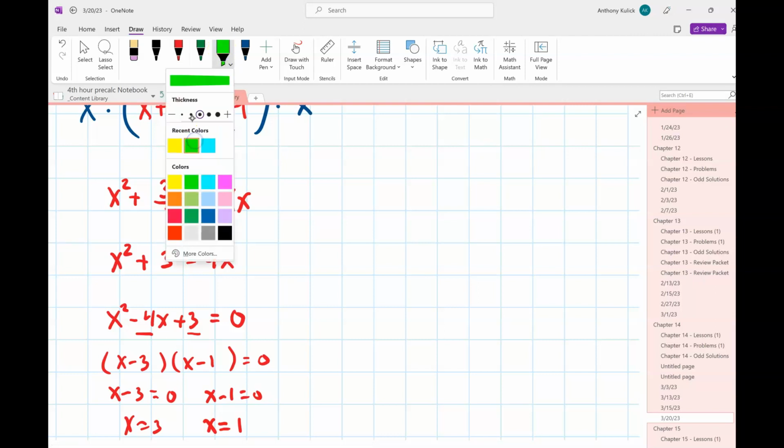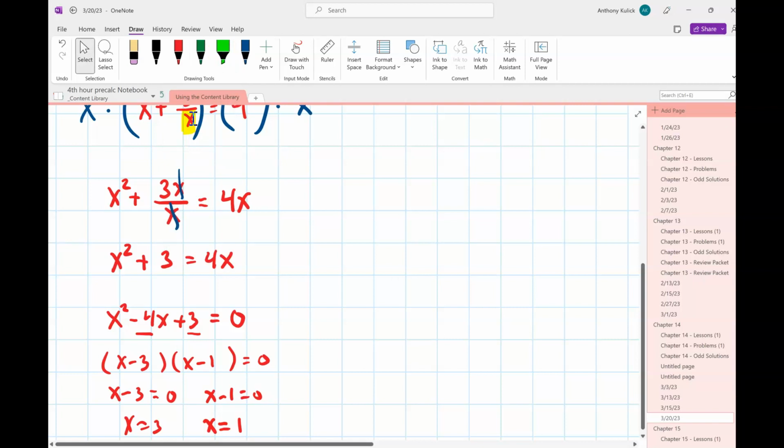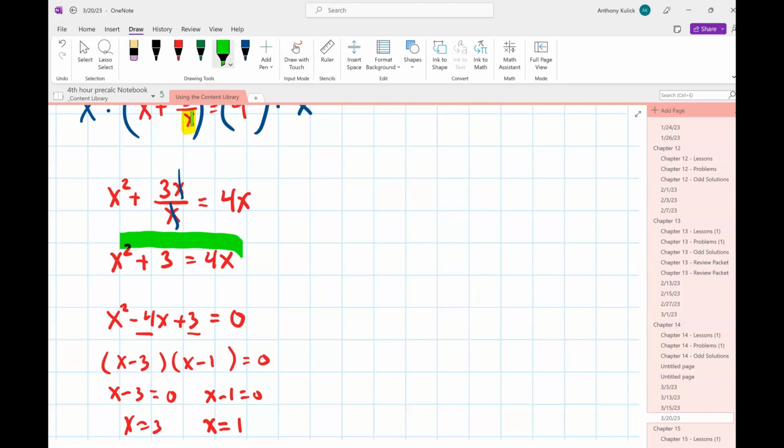Here's the catch. We're not done. Why not? What equation did we actually solve for? We solve for this. That's a quadratic, right? What's the domain of the quadratic?